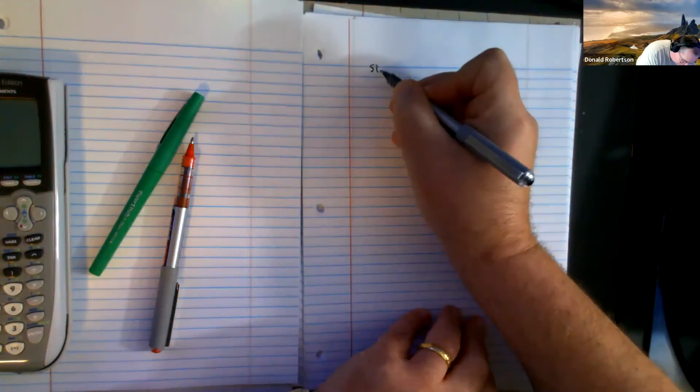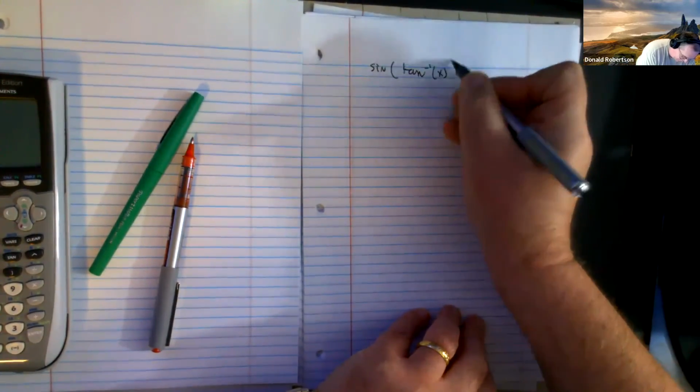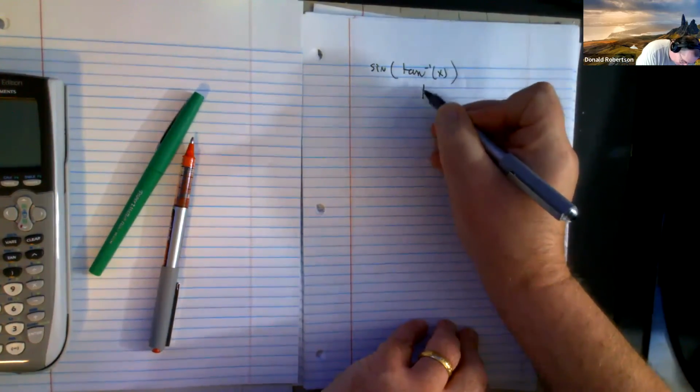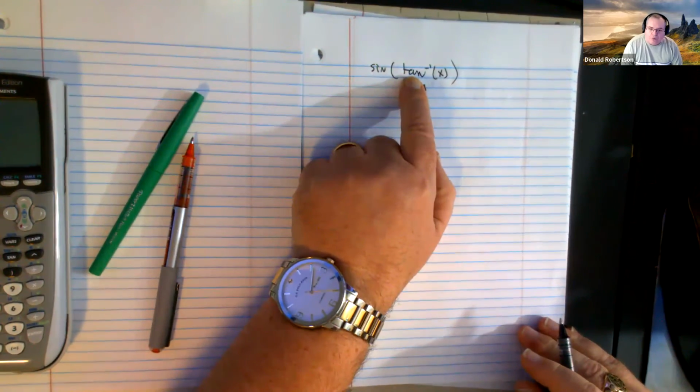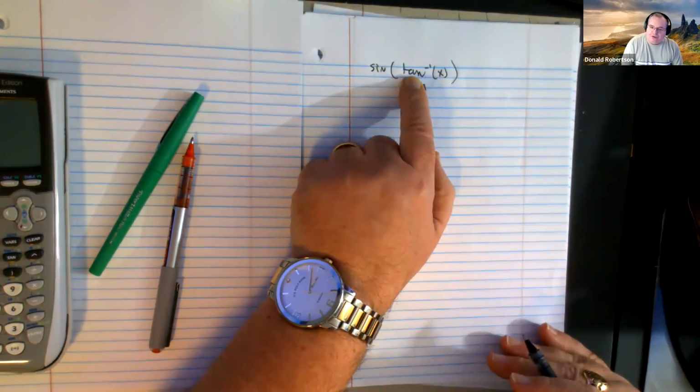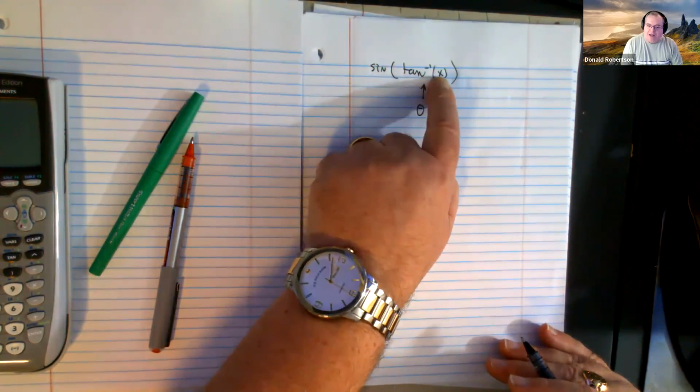I'll write the original question and then I'll slow down a little bit. I am going to assume that that is equal to theta because inverse tans tell you angles. And so this is saying that the angle that gives you a tangent equal to x is theta.